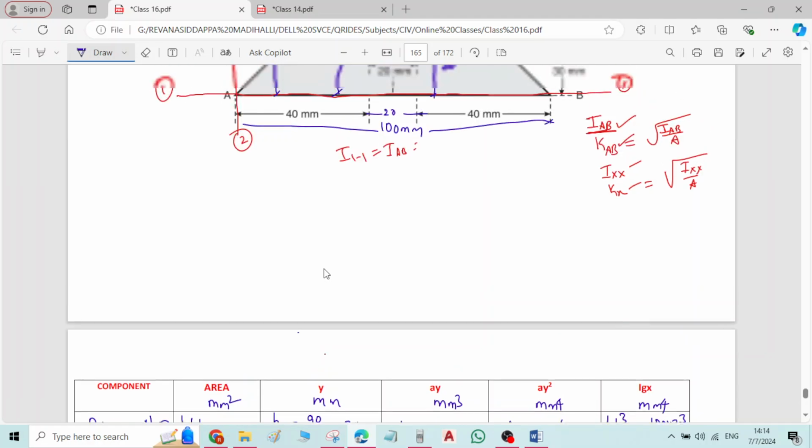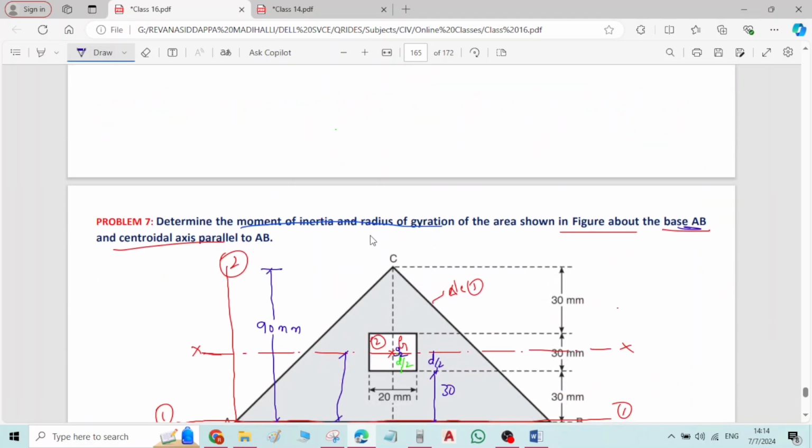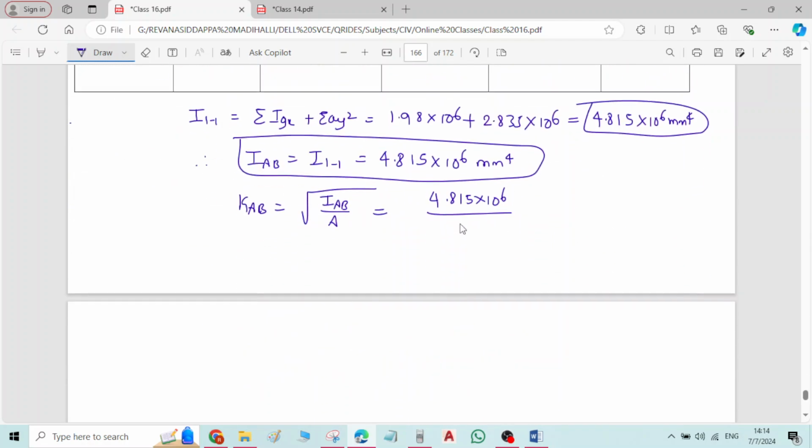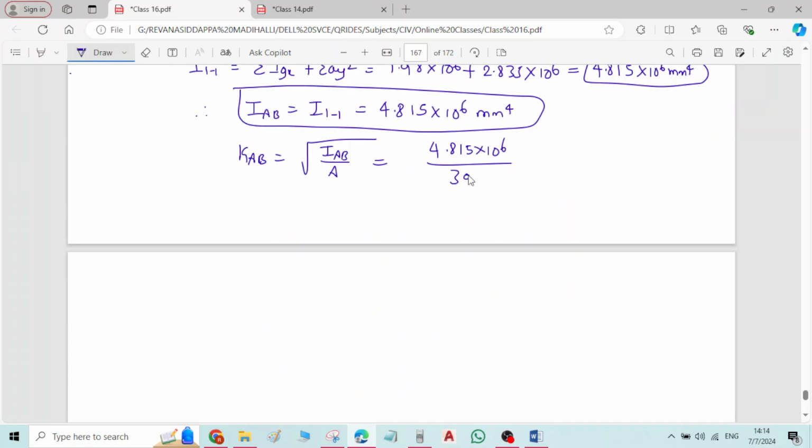It is also asked to find radius of gyration. Radius of gyration about AB, KAB is equal to root of IAB divided by A. Moment of inertia about AB is 4.815 into 10 power 6 divided by total area 3900.